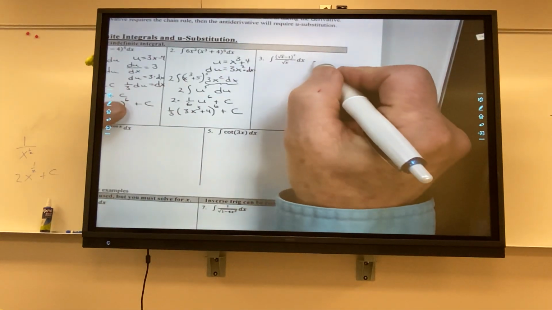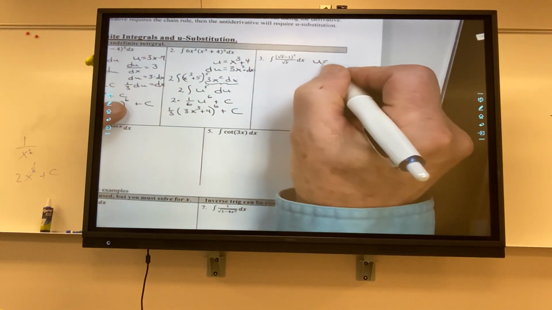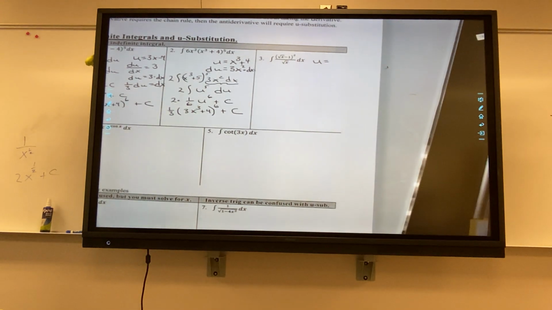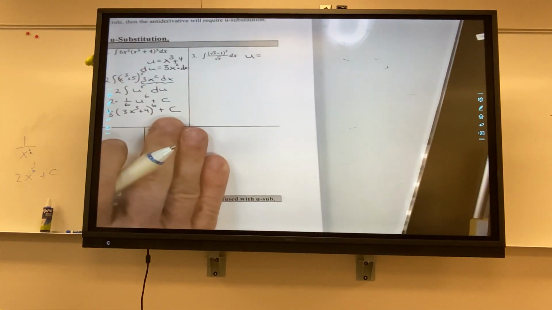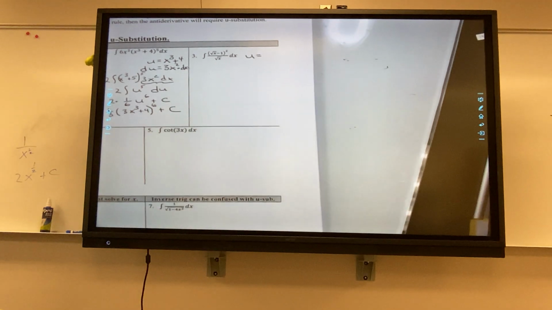Let me ask you this. What do you think u will be in number 3? It's got to be what's in parentheses. Either the square root of x minus 1 or square root of x. Well, it's the square root of x minus 1 in parentheses.